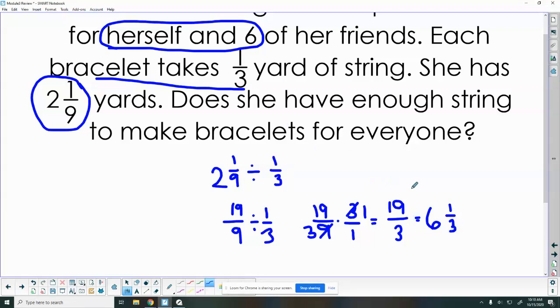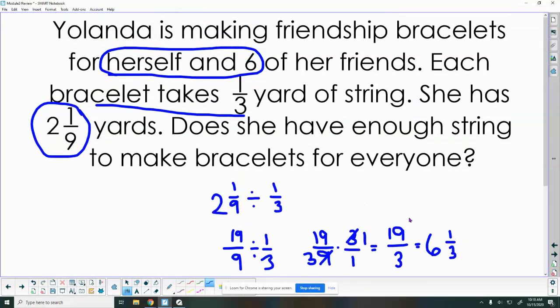So let's go back and check out our question to make sure our work matches our answer. Does she have enough string to make bracelets for everyone? The question didn't ask how many bracelets she can make, which is 6 1/3. It wants to know, can she make enough for everyone? So if she's only giving them to her friends, she has 6 friends, then yes, she has enough. But she's also making a bracelet for herself.